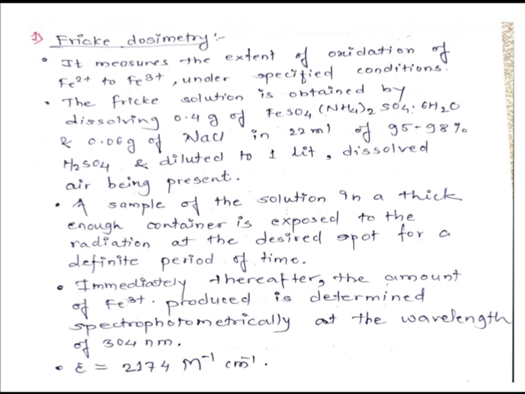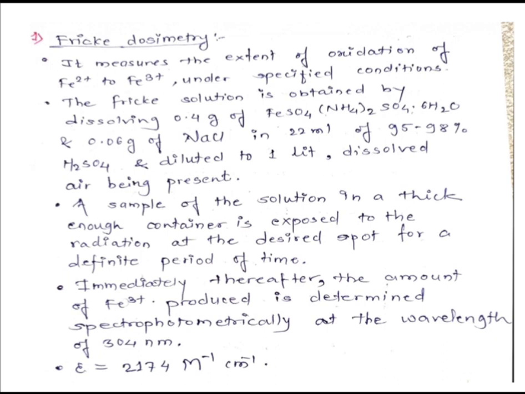So this is the compound which we have taken, 0.4 gram, and then we add 0.06 gram of sodium chloride in 22 ml of 95% to 98% H2SO4, and that solution is diluted to 1 liter, and dissolved air is present in this solution.